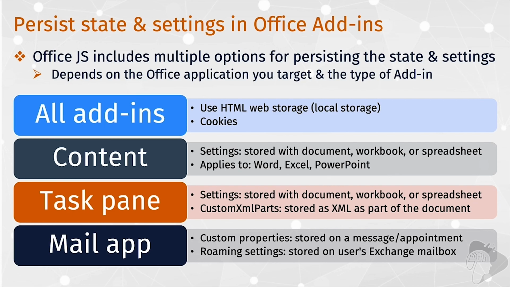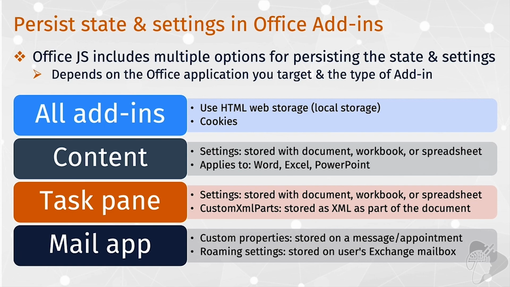For mail apps, like Outlook, you have access to custom properties, which are stored on a message or an appointment inside the add-in, or you have access to roaming settings. The roaming settings are stored in the user's Exchange mailbox and associated with an add-in as well, so that they persist between devices.